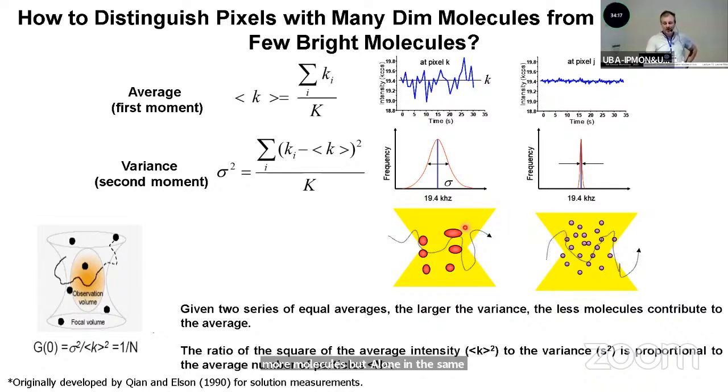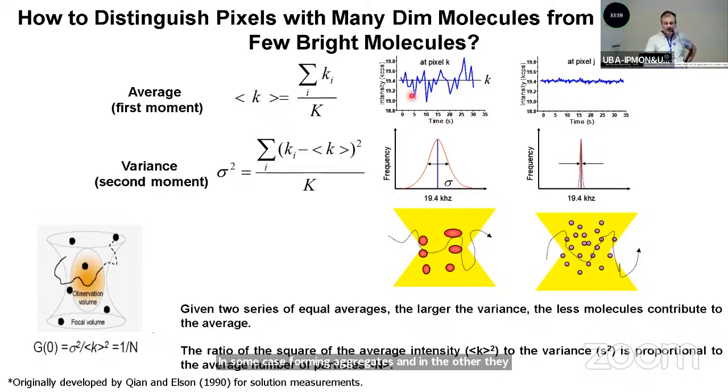So basically, if you have the same amount of brightness in this and this, so you have the same amount of molecules in your excitation volume, but in some cases they are forming aggregates, and in the other they are monomers.